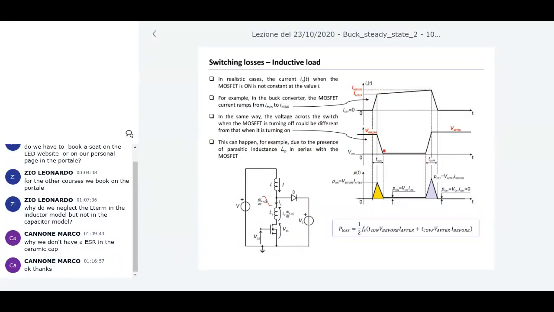Even if you look at the voltage, you cannot have the same voltage across the MOSFET, because when the MOSFET is off before turn on, typically the voltage is not the same as when the MOSFET is off after turn off. As you can see here, we have two different voltage levels. They are different.